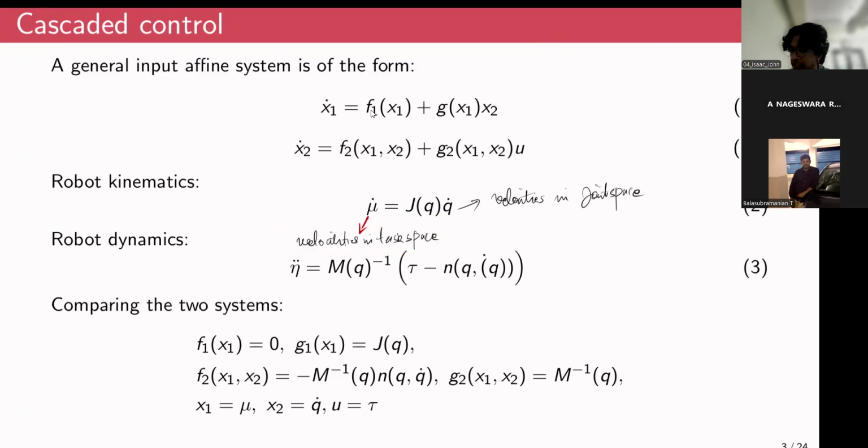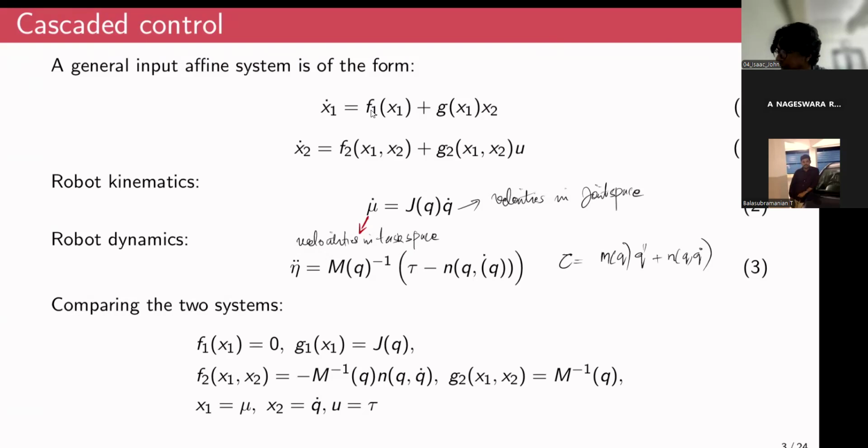We have also seen how to model the dynamic equations of motion, the governing equations of motion of a robotic manipulator. They take a general form: tau, the torque acting on the generalized coordinates, equals a mass matrix M(q) multiplied by the acceleration q double dot, plus the vector of Coriolis and centrifugal effects.